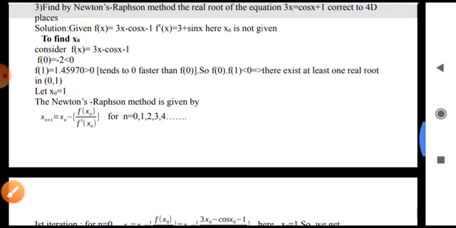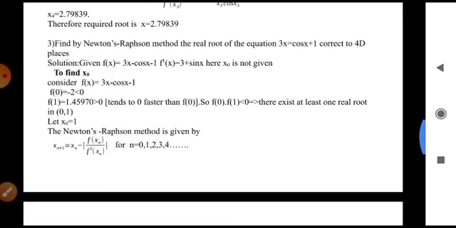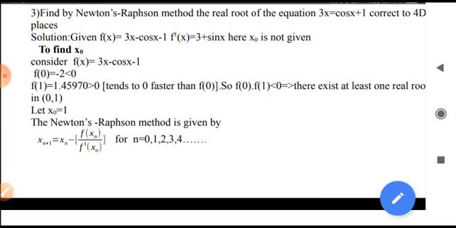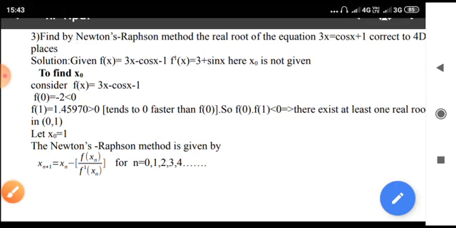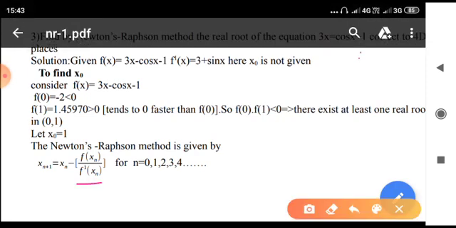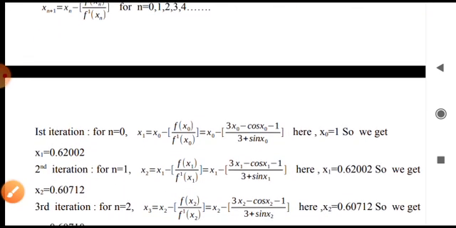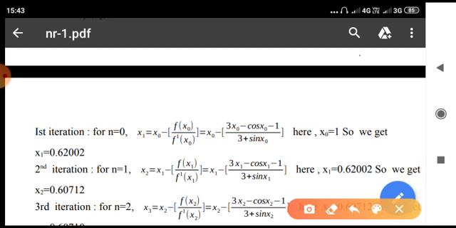The Newton-Raphson method is given by x n plus 1 is equal to x n minus f of x n divided by f dash of x n for n equal to 0, 1, 2, 3, etc. Now the first iteration for n equal to 0, we know the formula x1 equal to x naught minus f of x naught divided by f dash of x naught, which is equal to x naught minus (3x naught minus cos x naught minus 1) divided by f dash of x naught, which becomes 3 plus sin x naught, and we know that x naught is 1.